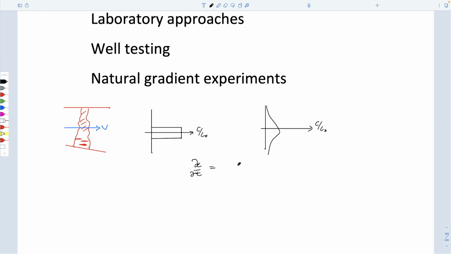Accumulation is equal to longitudinal or mechanical dispersion, the advective term, and I guess a transverse dispersion term, D_T.